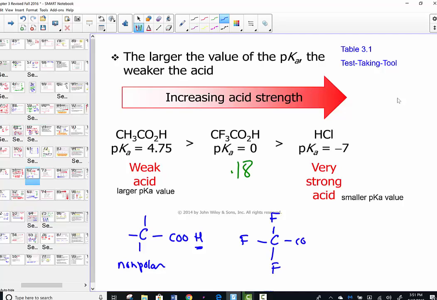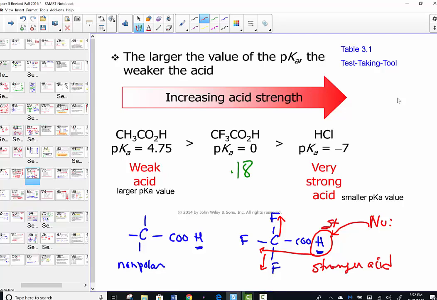What happens to that acid hydrogen? What you want to notice is that based on the electronegativity pull away from these very electronegative fluorines, this becomes a more positive hydrogen, which again a nucleophile could easily pluck away in Lewis theory, making this a very attractive site, making it a stronger acid.